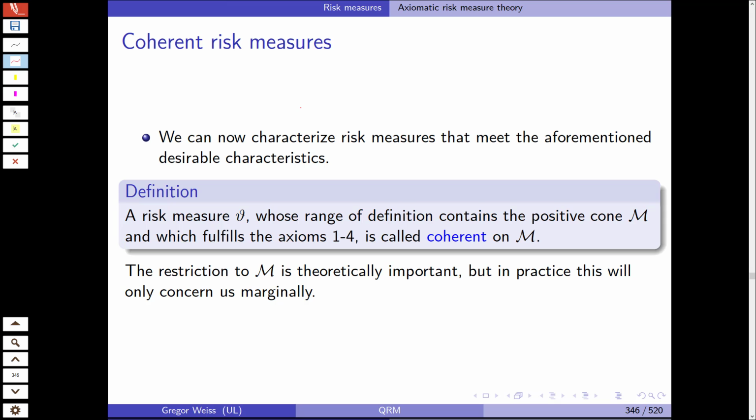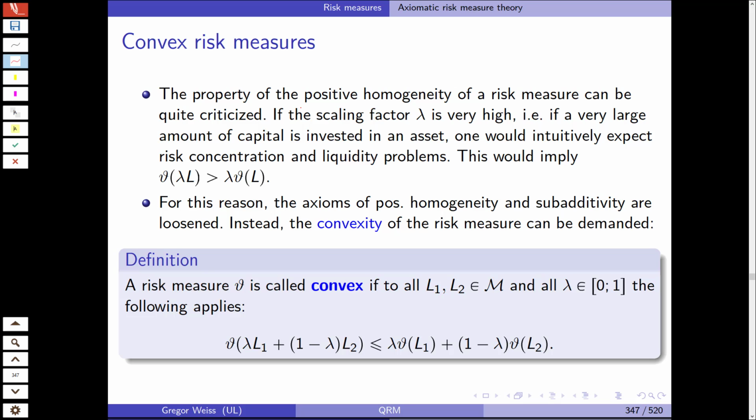A coherent risk measure is a risk measure that possesses nice properties, properties that make economic sense. You can scale it, it's monotonous, it is subadditive, and it's very nice. And we are looking for these features in an economically sensible risk measure. So that's axioms 1 through 4.